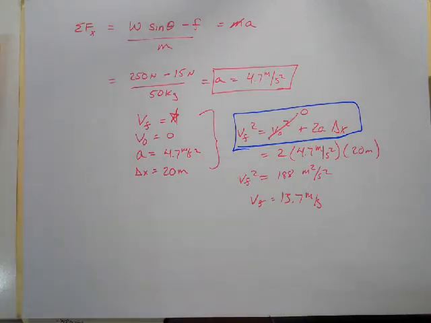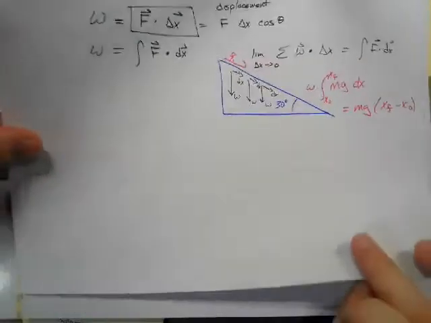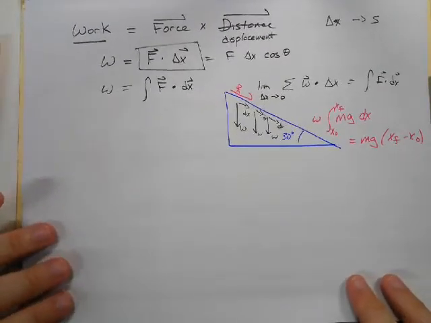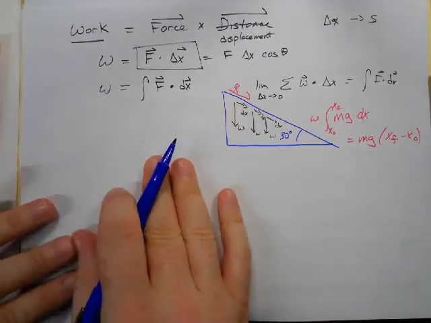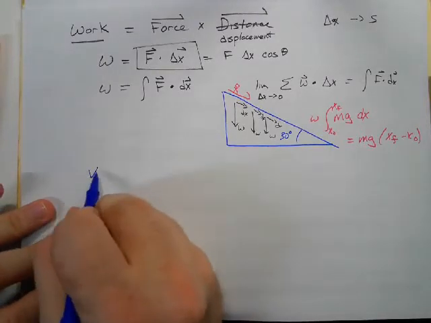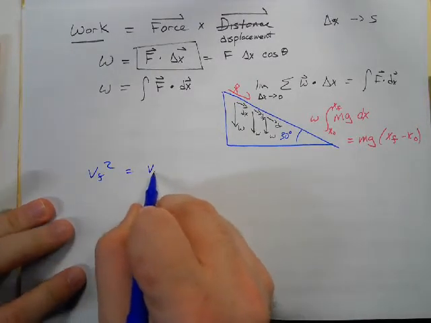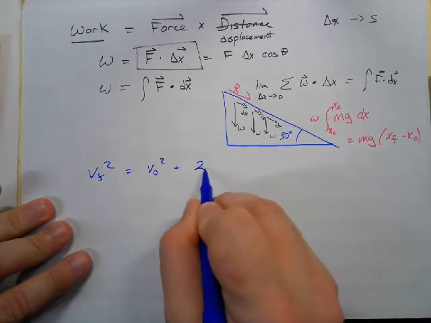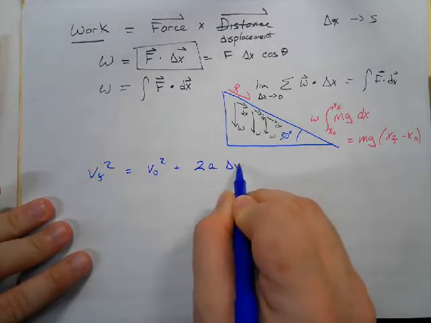All right, so I'm going to go back to this slip of paper here. You remember this? We're going to take and look at this formula. V final squared is V initial squared plus 2a delta x.